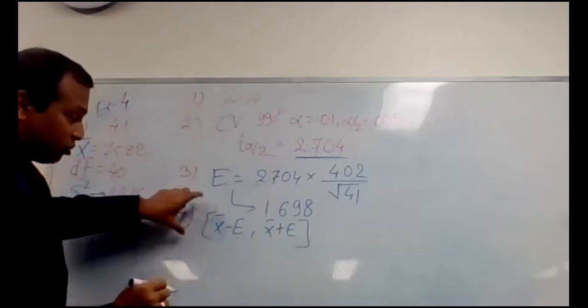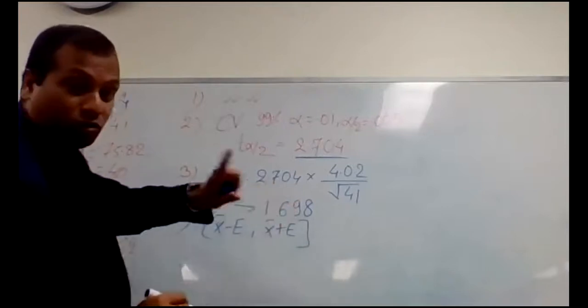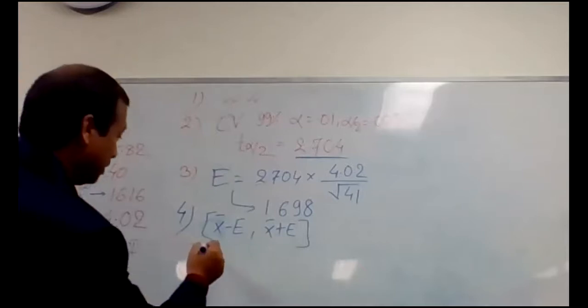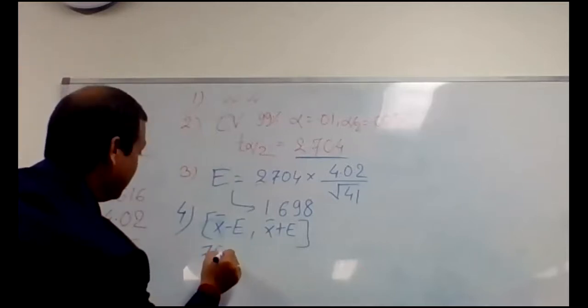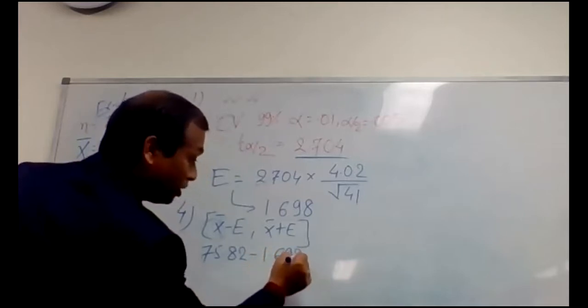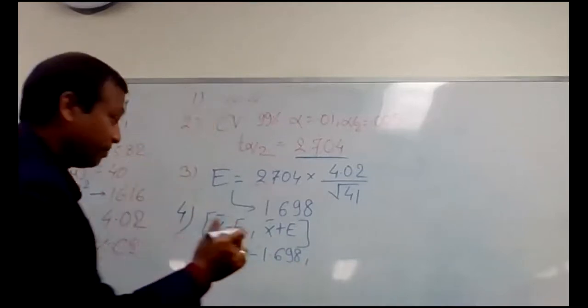If the question is asking for x bar minus e, don't round up here. Go here with the x bar. What is the x bar? 75.82 minus 1.698. I'm using 3-digit here because finally we'll do the 2-digit.